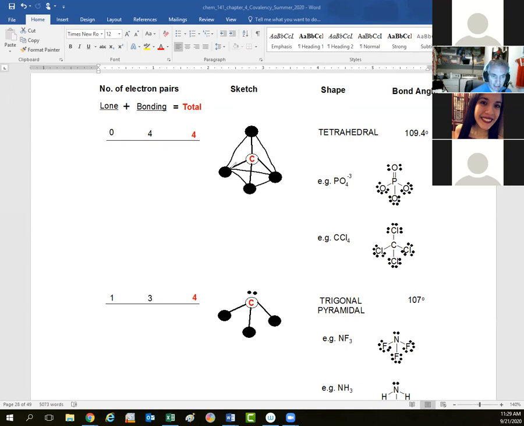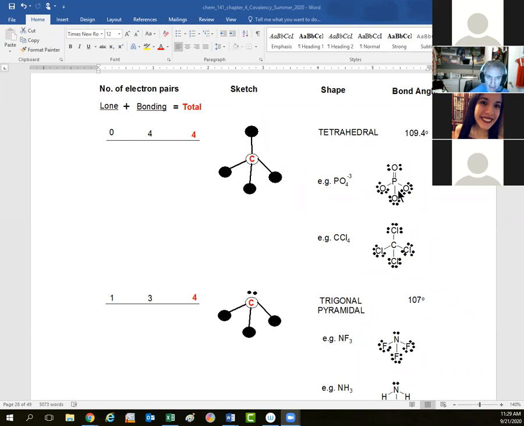And this tetrahedron structure creates a much bigger bond angle between the bonding pairs which are connected up to the central atom. It creates an angle of 109.4 degrees, or just 109 for short, just being a bit nerdy, putting in the 0.4 there. We've seen a couple like this.